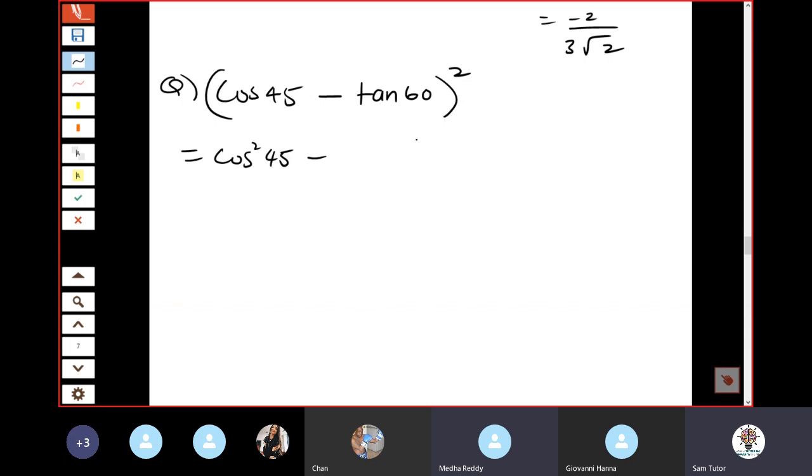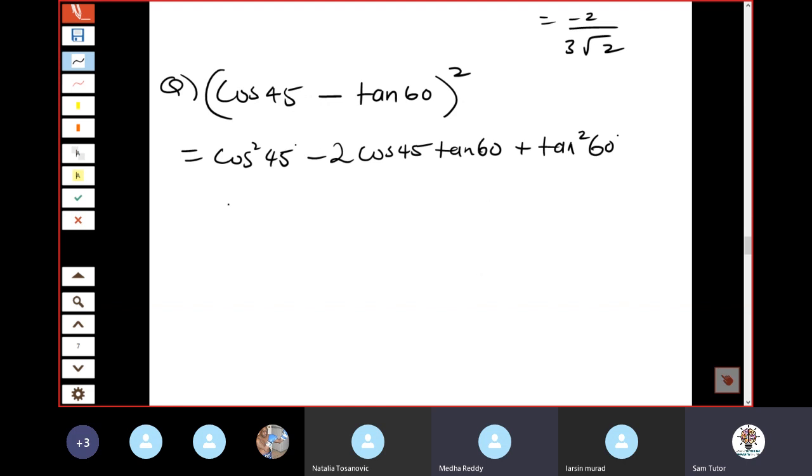Is it a perfect square? Yes. So can you tell us what to do? You plus them and times them by 2. Yep. So what's the next thing? What are you going to write here? 2 times the middle. Does that make sense? Yeah, you can't forget that. And you said minus tan squared. Always got to be plus. Plus tan squared 60.